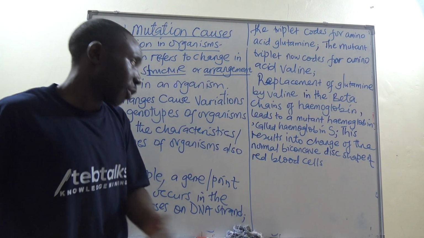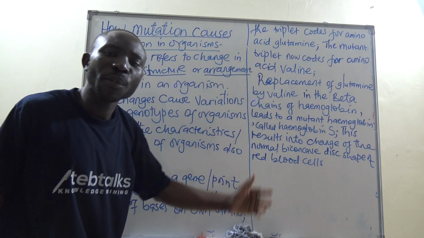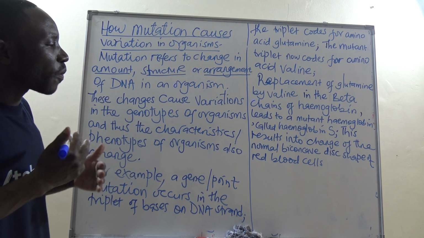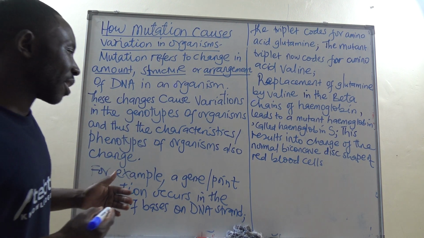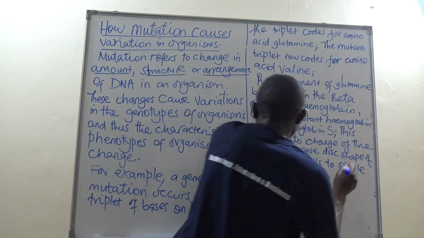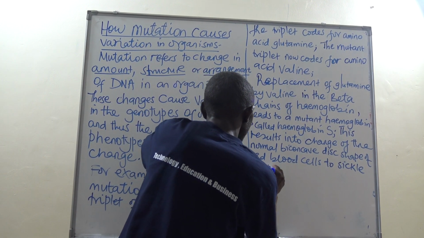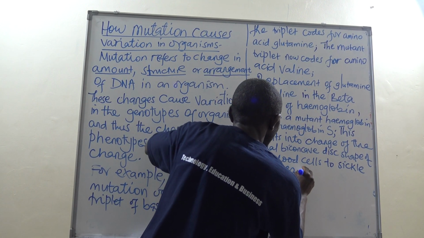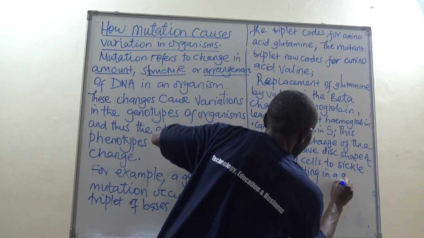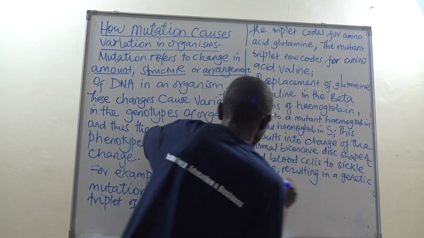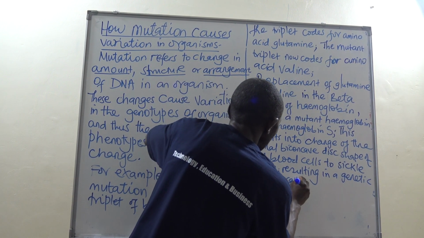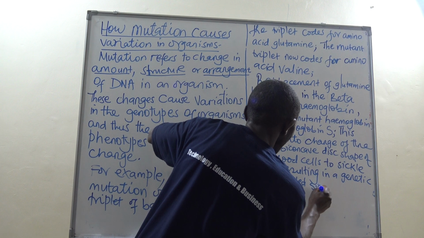The hemoglobin S, which is the mutant hemoglobin, results in change of the normal biconcave disc shape of red blood cells to sickle shape, resulting in a genetic disease called sickle cell anemia.